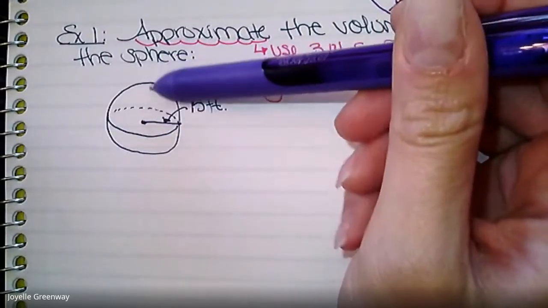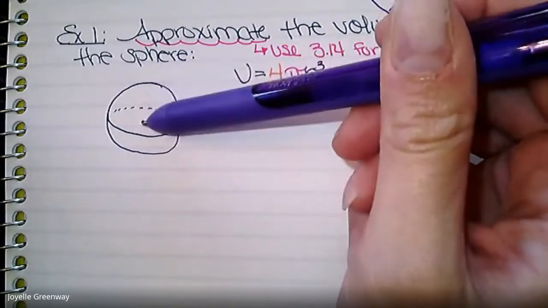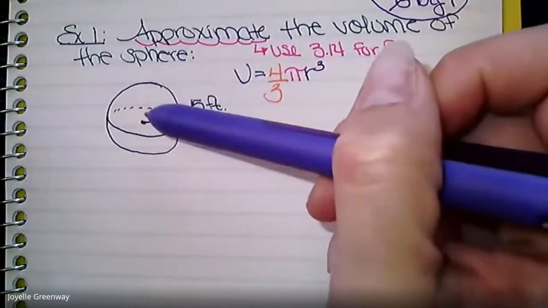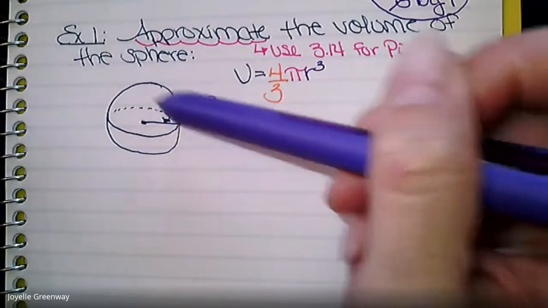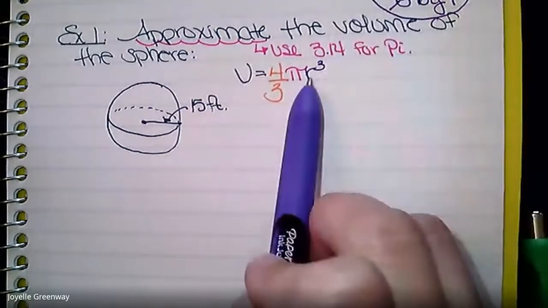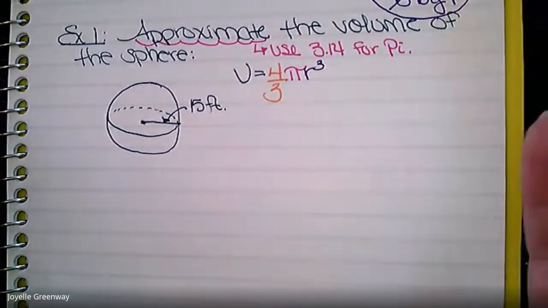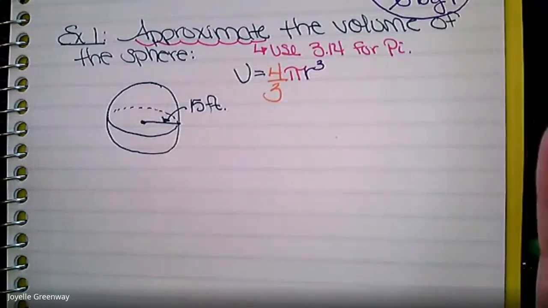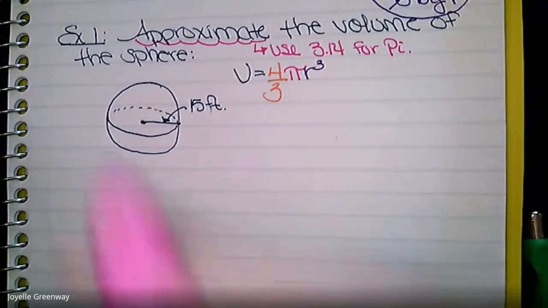The height would be another radius. So it's like radius squared times the height, but the height is also another radius, which is why it's radius cubed. I don't know which way helps you remember it best or understand it, but whatever way works for you.